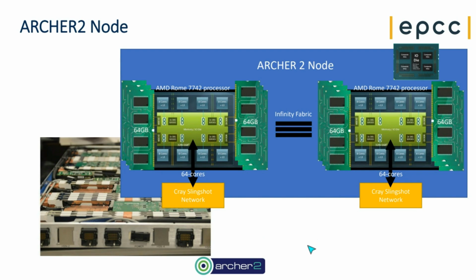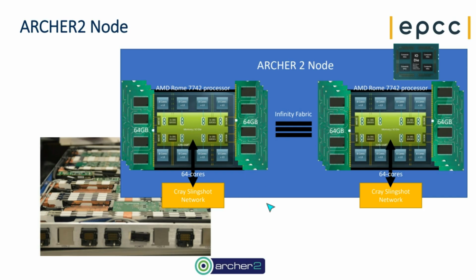Okay, so let's just finish off by taking a look at the ARCHER2 node architecture itself, using all the ideas that we've covered so far. An ARCHER2 node has two AMD Rome 7742 processors in it. Each of those contains 64 cores, and each of those has two lots of 64 gig of memory.